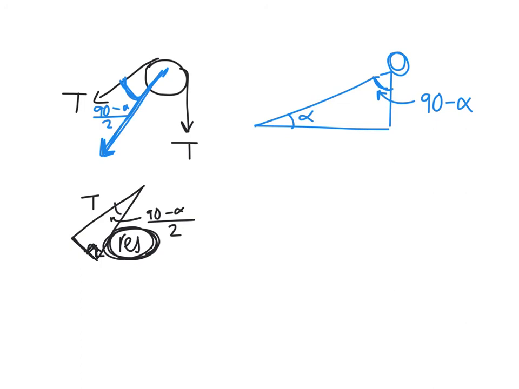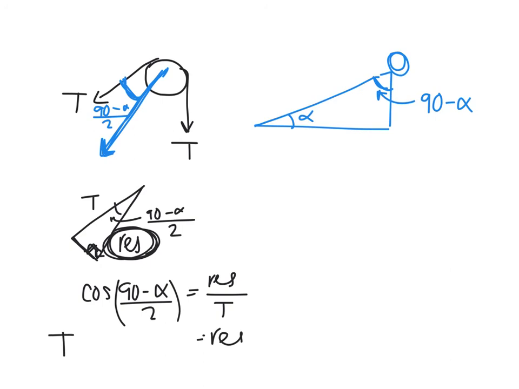I have got the hypotenuse and the adjacent. So I've got cos of my angle, which is of course 90 minus alpha over 2. That equals the adjacent, so the resultant, over the hypotenuse, which is t. This means that my resultant force is t cos 90 minus alpha over 2.